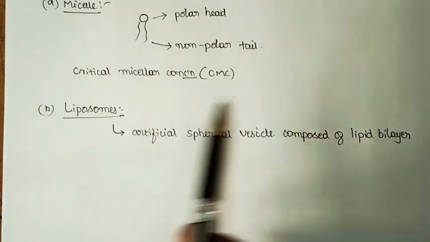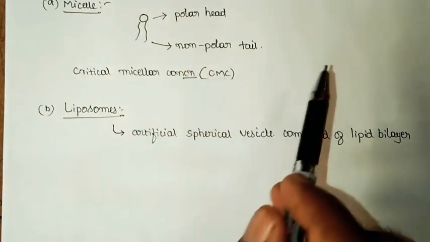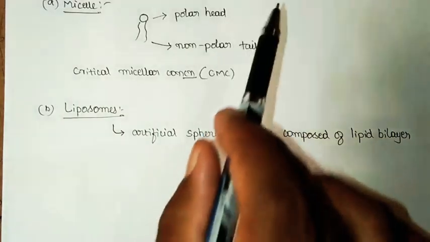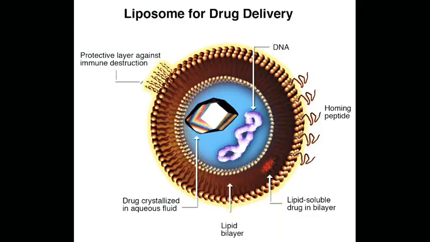We shall see one example where liposomes can be used as materials for the release of drugs. Here is one liposome consisting of an aqueous solution core, surrounded by a hydrophobic membrane in the form of a lipid bilayer. In the core there is a drug crystallized in aqueous fluid and DNA, and this lipid bilayer is surrounded by a protective layer which acts against immune destruction.